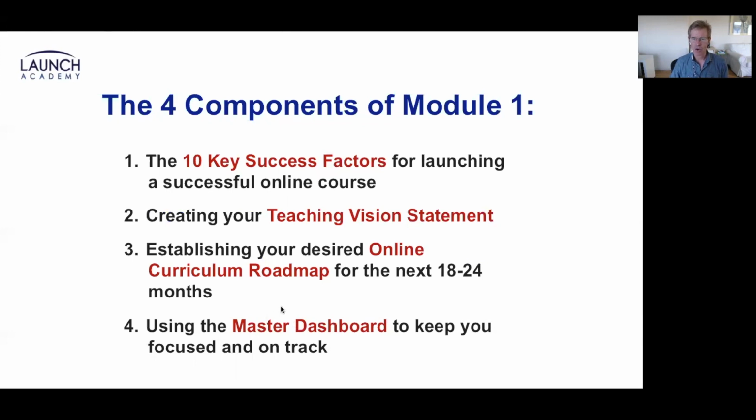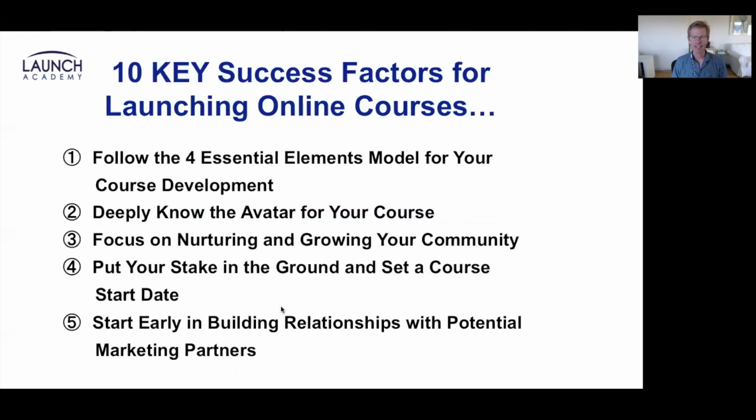And so now we'll look at the 10 key success factors for launching your online courses. This is also a document, materials in Module 1, but I thought I'd just go through them very quickly here. So first and foremost, key success factor number 1 is to follow the 4 essential elements model for your course development.